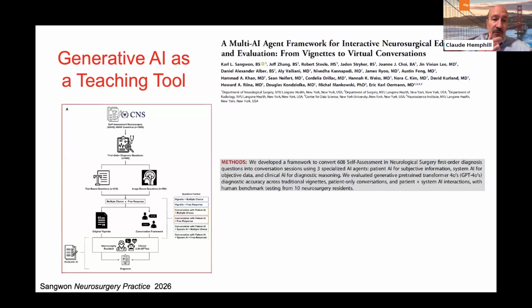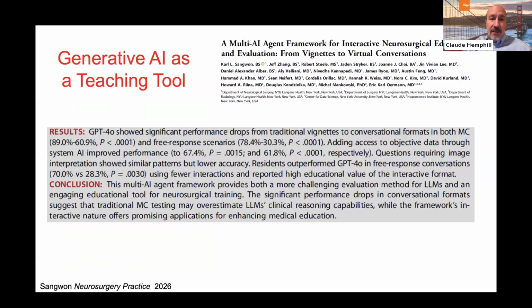And some of these questions are multiple choice, some of them are free response. And what they found is that ChatGPT dropped its performance very significantly when it moved from the traditional vignettes that were used to a conversational format.